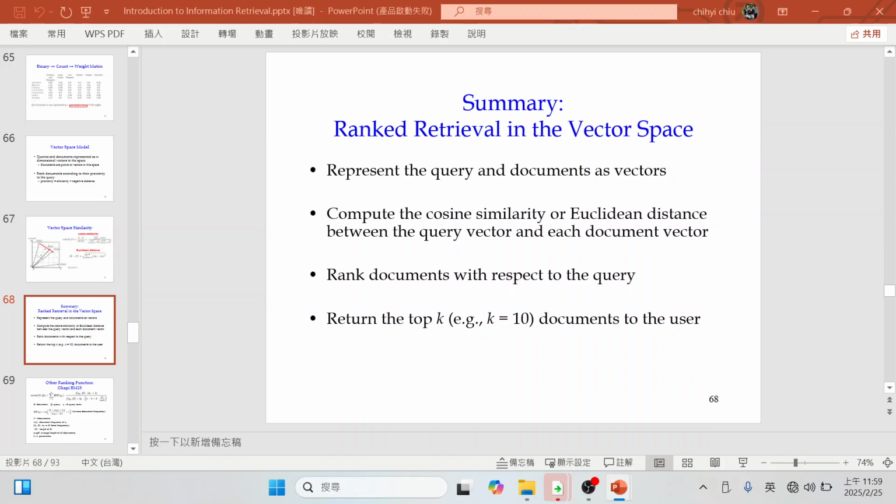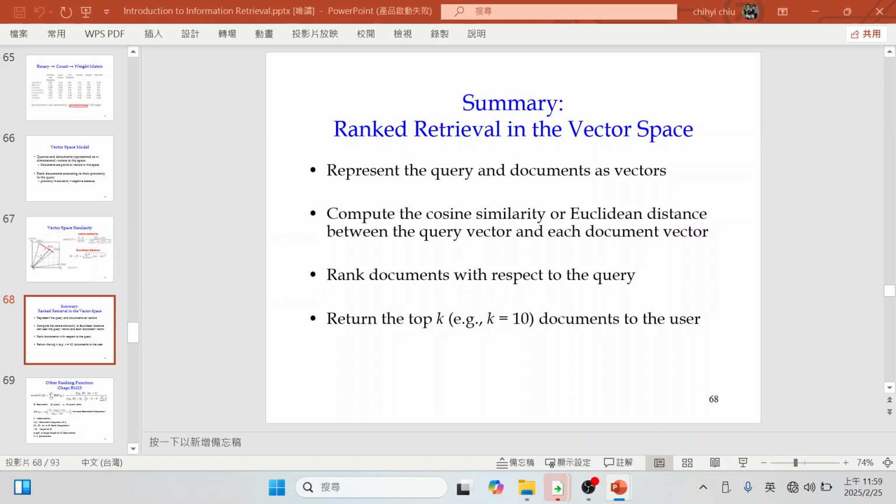Okay, here is a summary. For ranked retrieval in vector space, we represent the query and documents as vectors. The vectors can be represented in TF-IDF form, or we can just use some text encoders to transform your document into a vector.